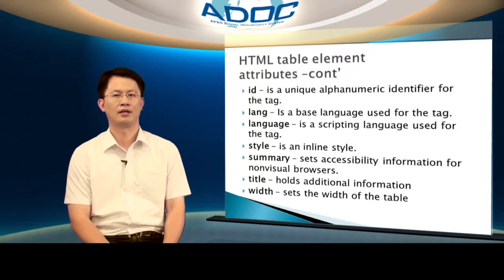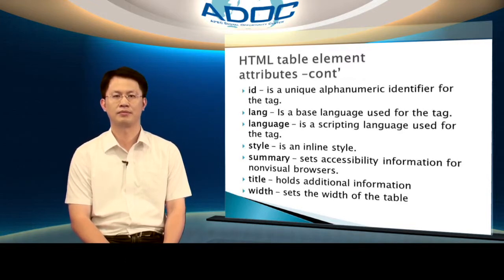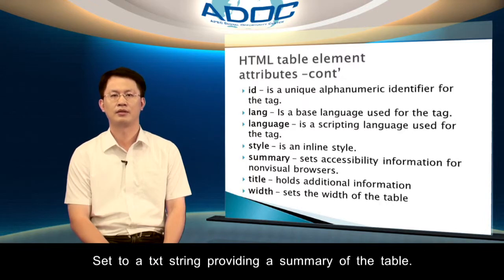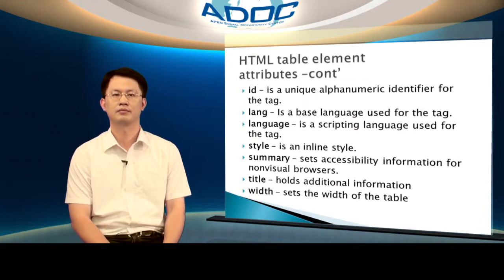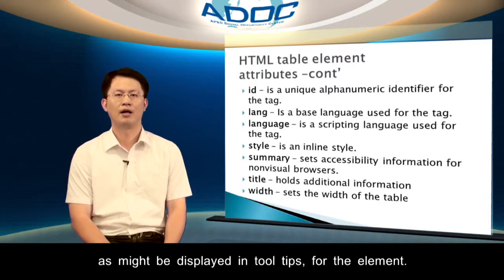Summary sets accessibility information for non-visual browsers. Set to a text string providing a summary of the table. Title holds additional information as might be displayed in tooltips for the element.